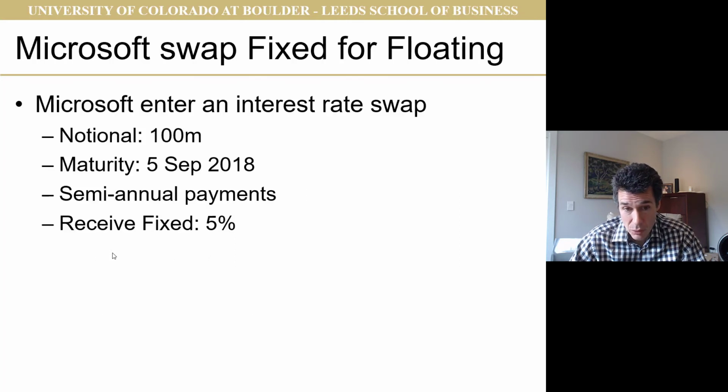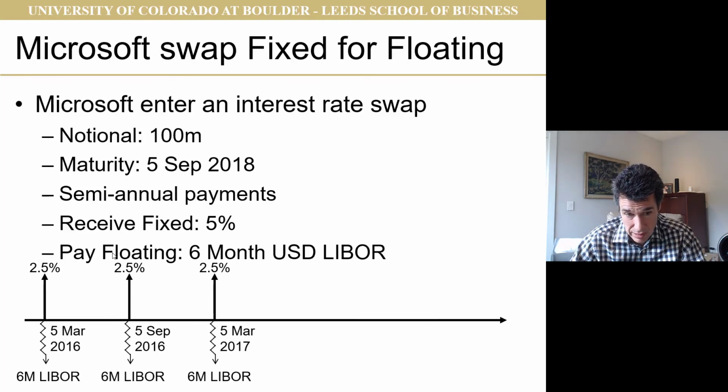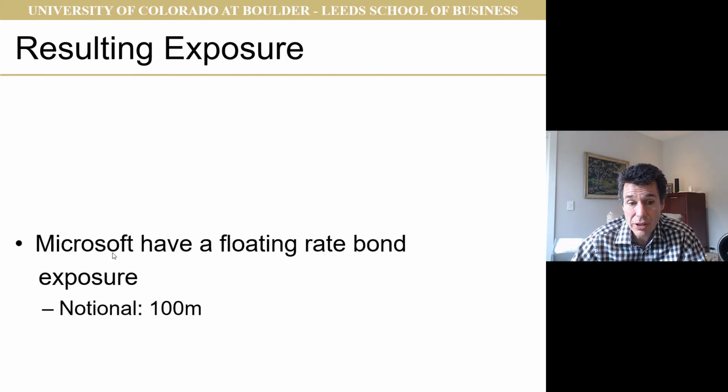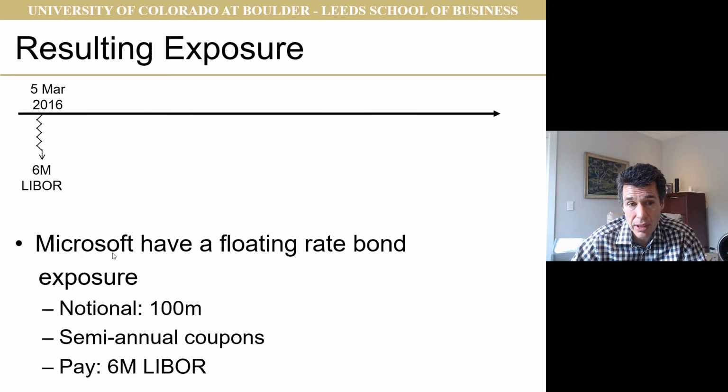We can enter into the swap, the same swap we just did. Right? See here, Microsoft is receiving fixed and paying floating. The amount they're receiving fixed is the same as on that bond that they have to pay. So the resulting exposure is they have a floating rate bond, right?